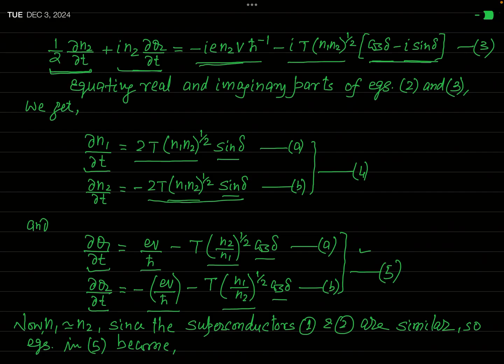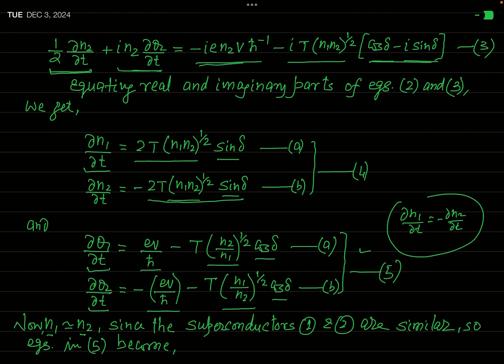Now, as I told you in my previous lecture too, in general, for simplicity, we take the two superconductors identical. If the two superconductors are identical, then the concentrations n1 and n2 will be almost equal. And then ∂n1/∂t will be equal to minus ∂n2/∂t due to this minus sign.